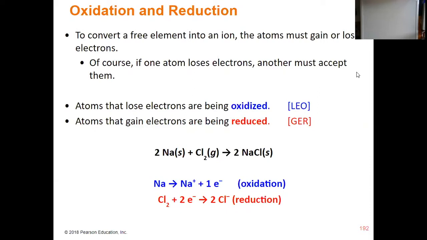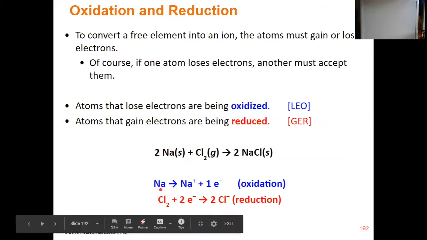And we use the little set of terms, LEO and GER, as a memory tool to help remind us which is which. So LEO stands for lose electrons, oxidation. GER stands for gain electrons, reduced, or reduction. And that's one way to help remember it. So you see down here with this example of sodium and chlorine, we have solid sodium plus chlorine gas, giving us NaCl salt.